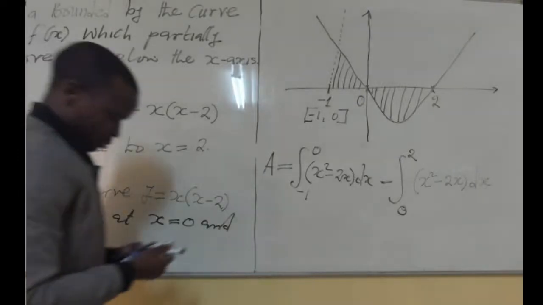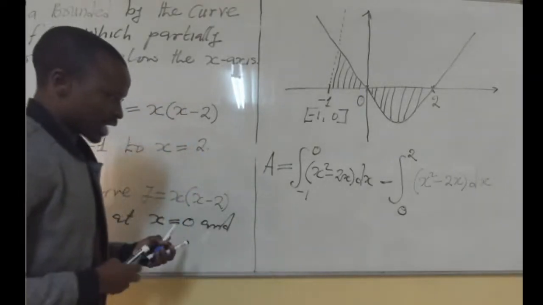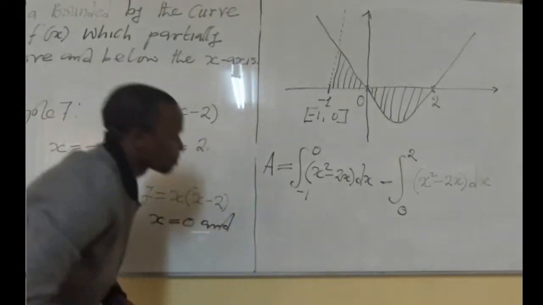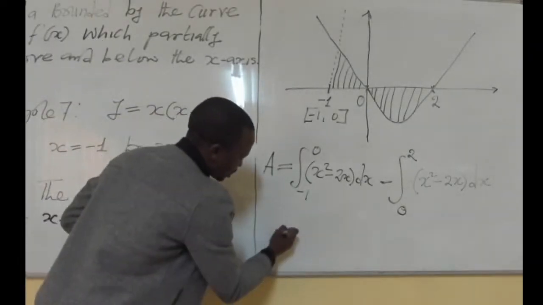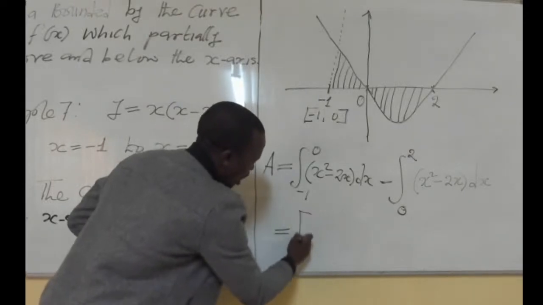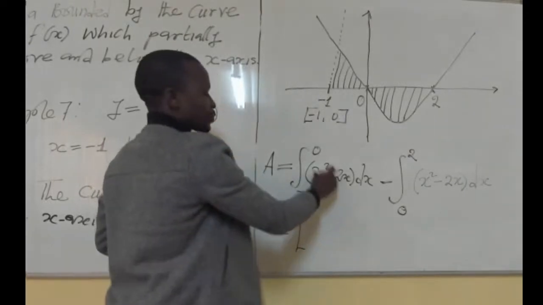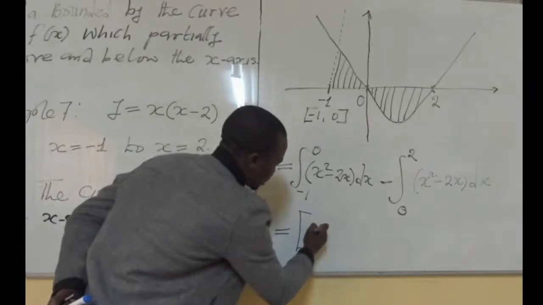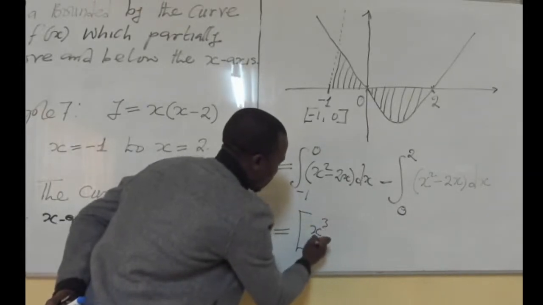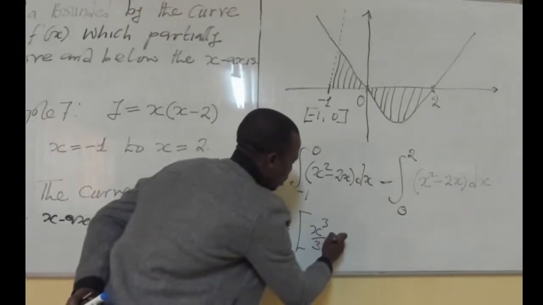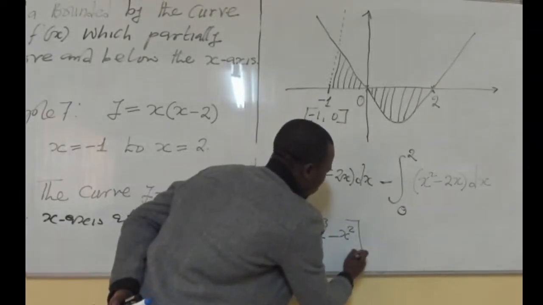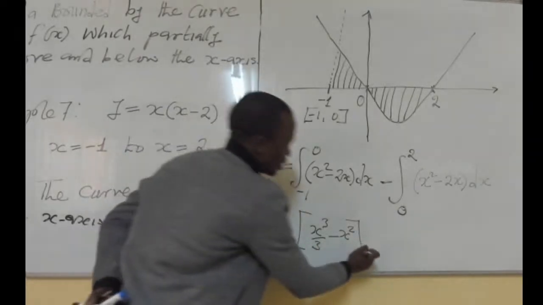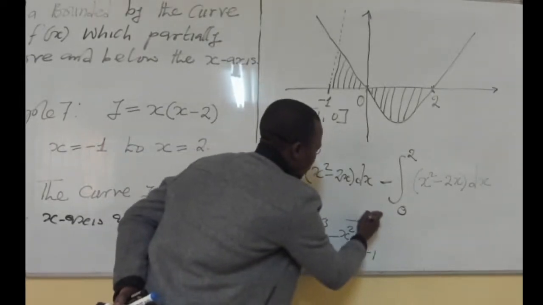Now, when you integrate these regions, when you integrate x squared minus 2x, what you get is x power 3 over 3 minus x squared. The limit of integration is from -1 to 0.